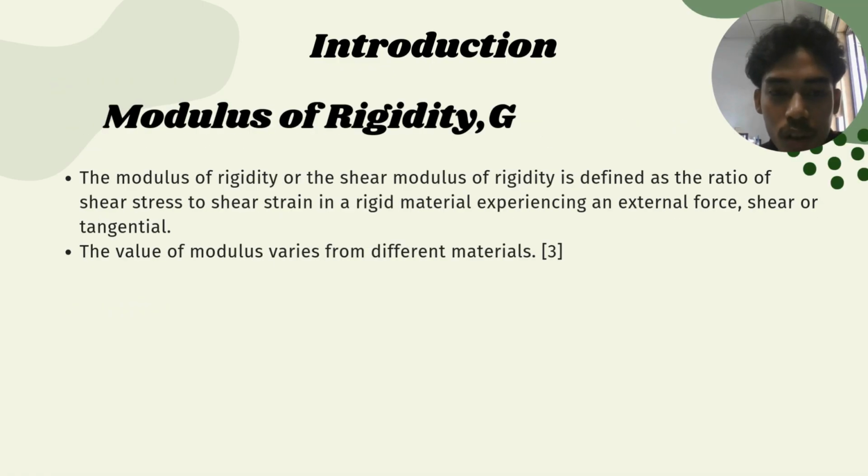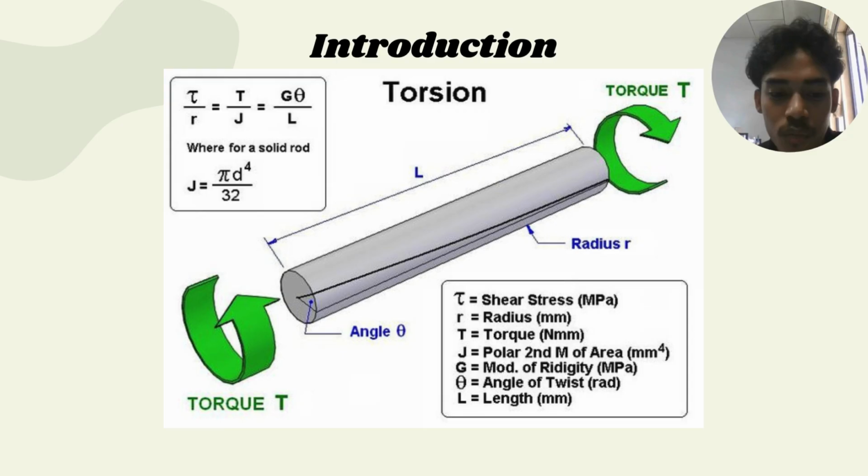Next is modulus of rigidity, which is G, a shear modulus of rigidity, defined as the ratio of the shear stress to shear strain in a rigid material experiencing an external force, shear or tangential. So the value of modulus varies for different materials depending on the table. So this is our illustration of what torsion is.